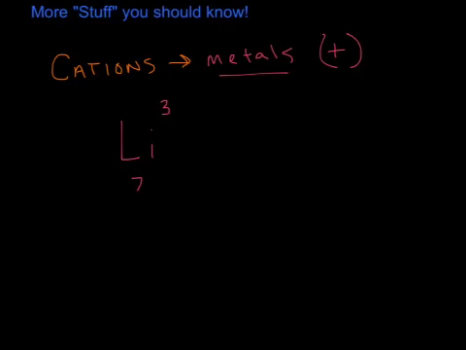But what we should be able to see is we have 3 protons and 3 electrons. Okay? Remember, if it's on the periodic table, we assume that it's neutral.